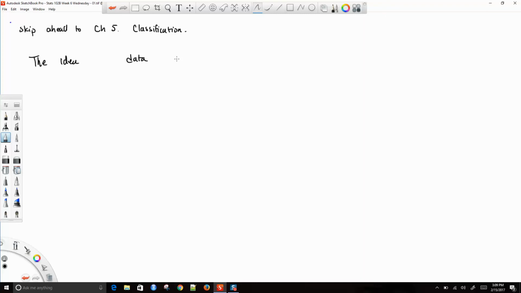You have, let's say, data x, x1 through xn, and we'll say each x, what's our dimension of this? What letter do they use here? We'll just say each x is a vector in D space.